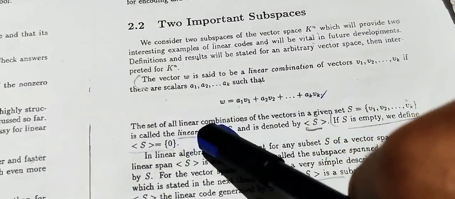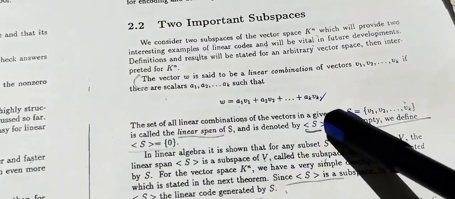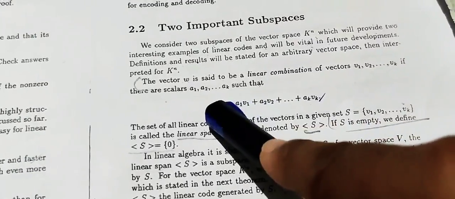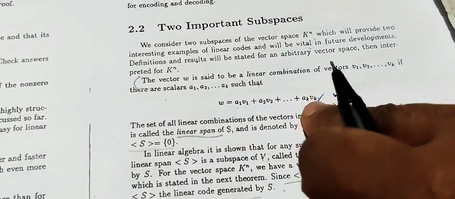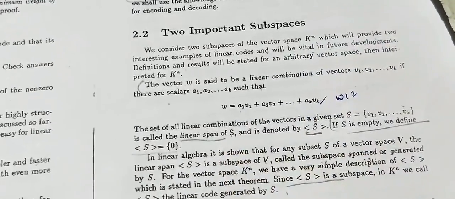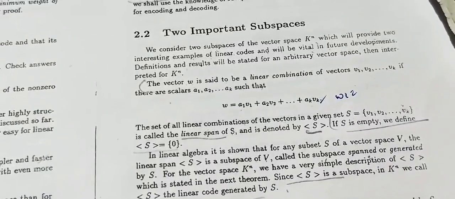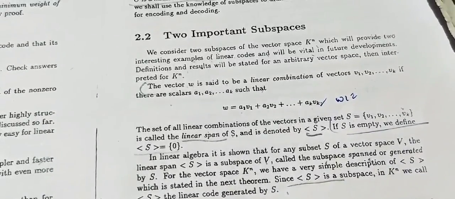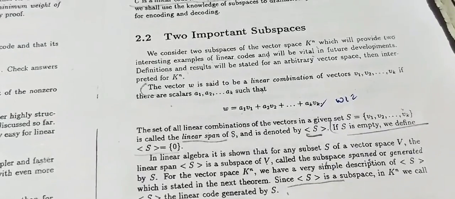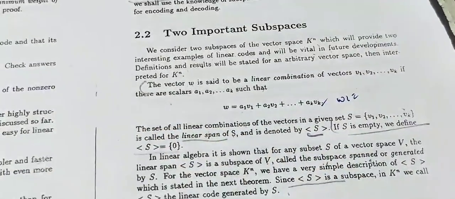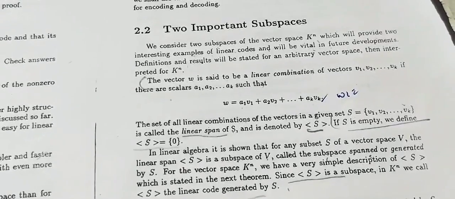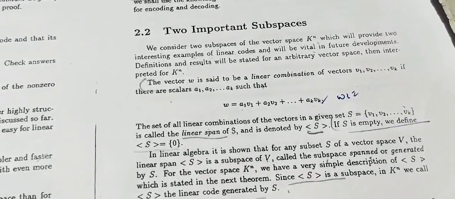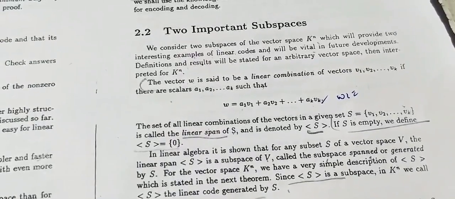And the set of all linear combinations of the vectors in the given set S. So if w is also some linear combination of v1, v2, etc., vk, then the collection of all the vectors which are linear combinations of v1, v2, etc., vk is called a linear span of S. That means the set is generated by the elements of the set S.